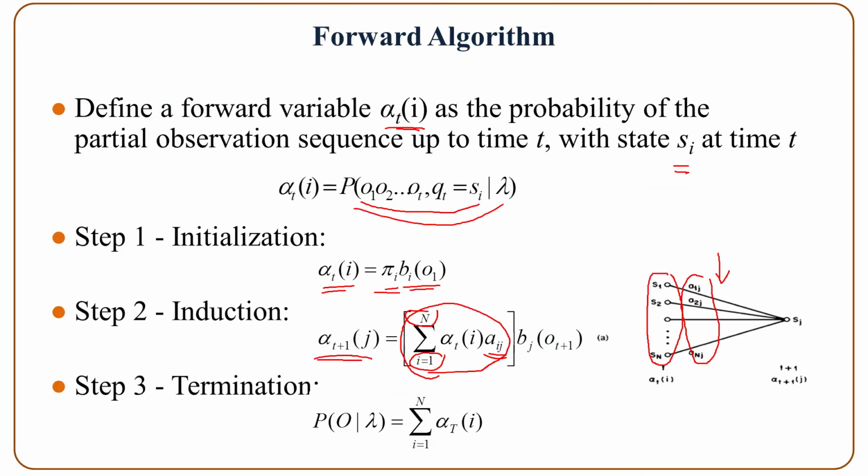Then at the end, we have the probability of O given lambda, which is the sum of alpha T of i for all i from 1 to N.